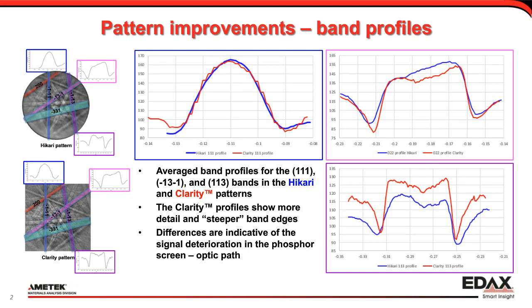But if we go to 2 of the 113 family bands, so the pink one and the purple one, you can see that the clarity pattern shows much more detail in these bands, and also that the peak shape or the band shape is narrower and sharper than collected with the Hikari detector. So because it's the same sample with exactly the same beam conditions, it really shows you the difference in what happens in the optical pathway into the sensor on the Hikari against the direct detection of the electrons.